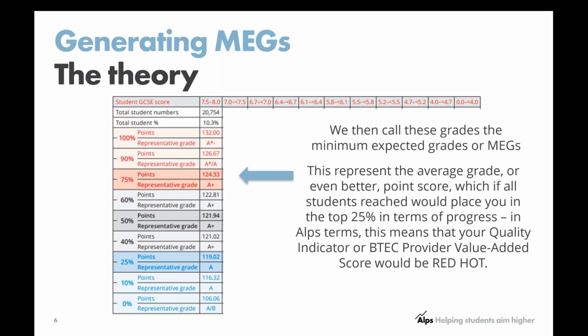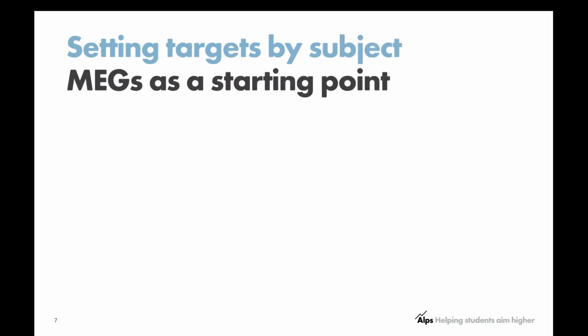Your young people would have made progress equivalent to the top 25% of schools in the country. And that, in essence, is the aspiration of Alps, to hit that top 25% and therefore to be red hot. Okay?